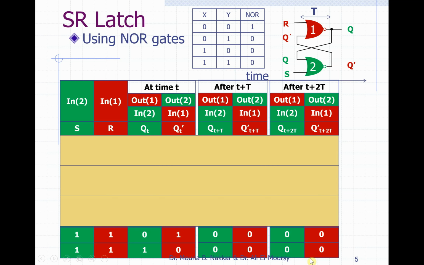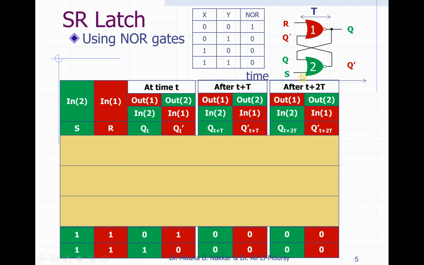However, if you look closely at the output of the other NOR gate, you will find also Q bar equals 0. This is impossible to happen, to have Q and its complement be equal. So that's why we call this the unstable or forbidden state for the circuit.